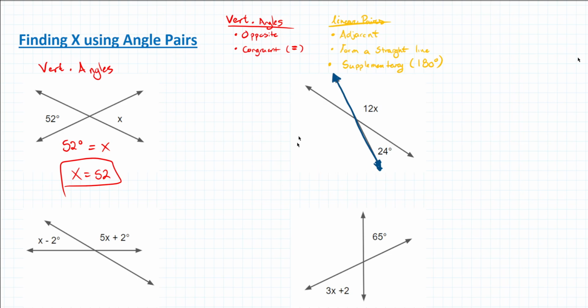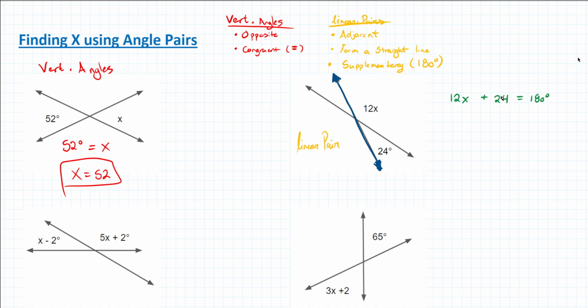And now I'm going to solve for x with it. If they're a linear pair, then 12x plus 24, they're supplementary, so they equal 180.